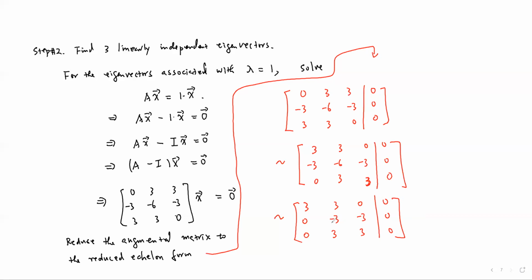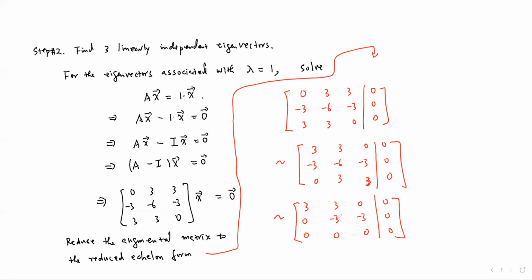Now positive 1 times the second row added to the third row. Now the third row becomes 0, 0, 0. It is not in reduced echelon form yet, so perform backward elimination.